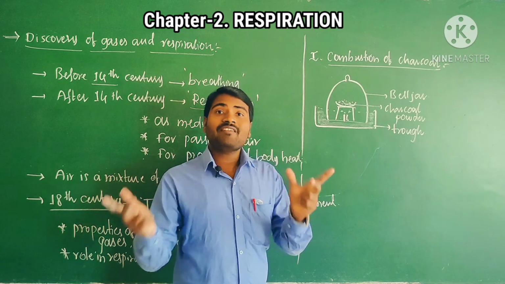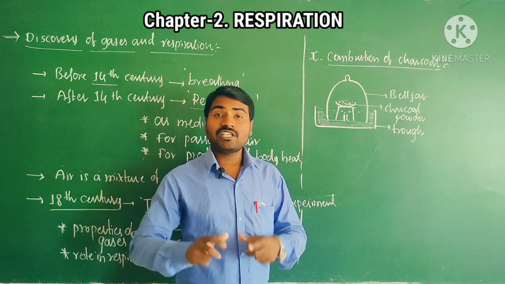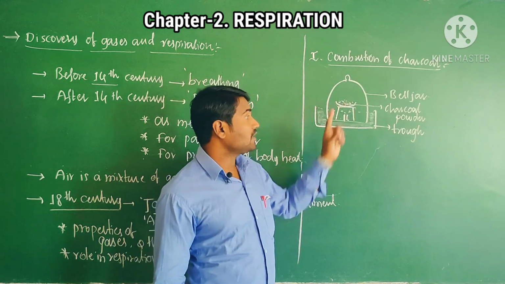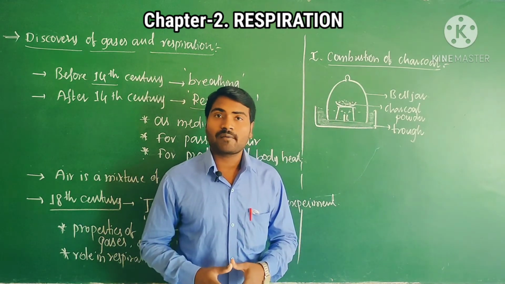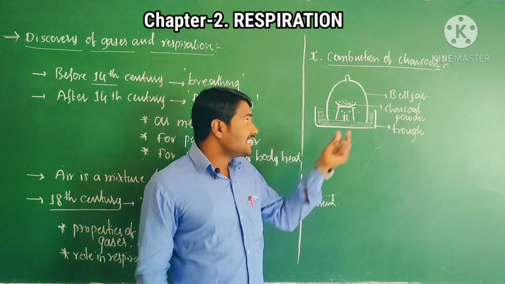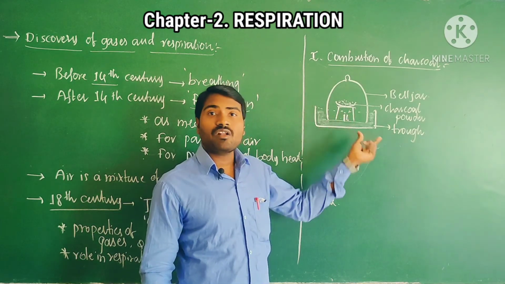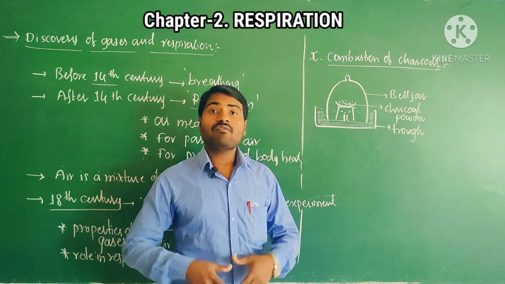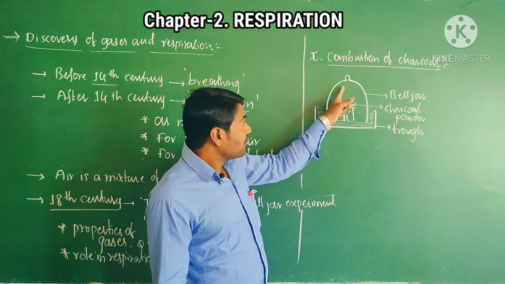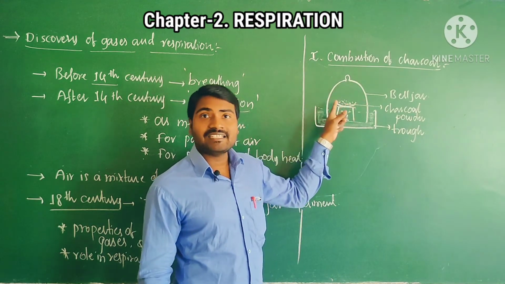To prevent the escape of the gas produced after the combustion of charcoal powder. Then he burned the charcoal powder in a Belcher over the water trough.